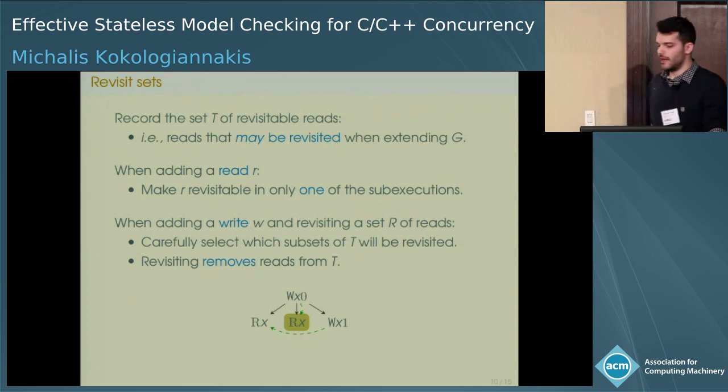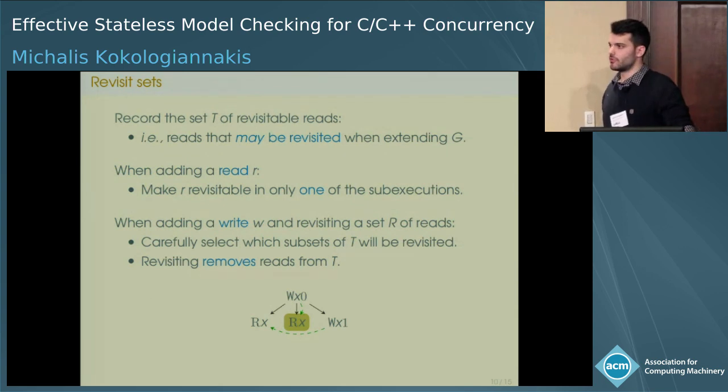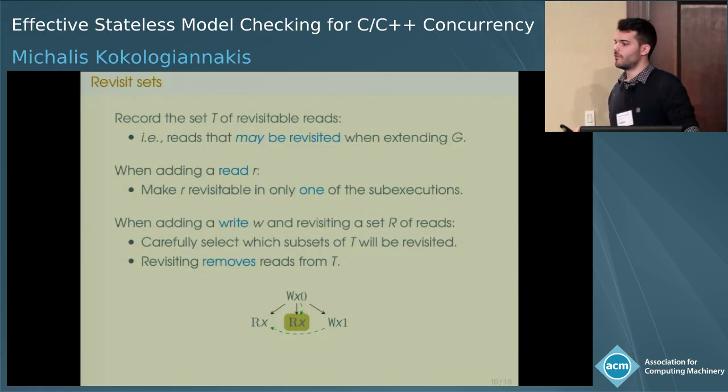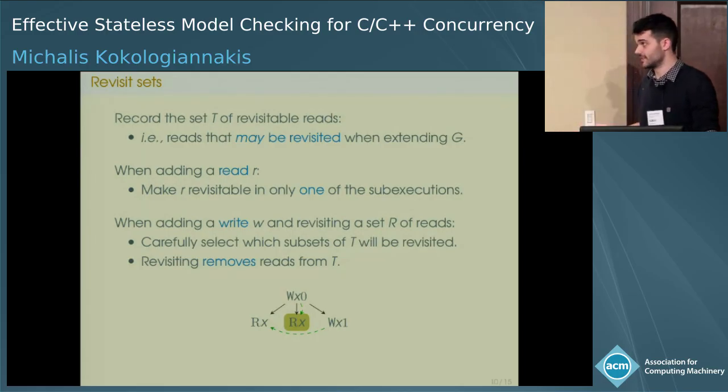We do that by not just dealing with execution graphs, but with a slightly more sophisticated data structure, which contains both the graph and these revisit sets. So these revisit sets are just some sets of reads for each graph that indicate which of the graph's reads can be revisited when we actually extend this graph.